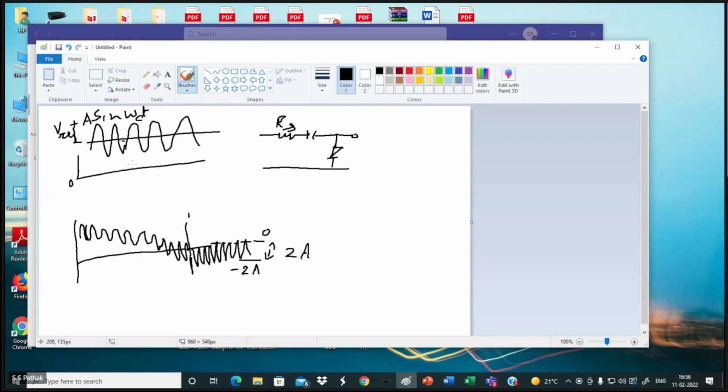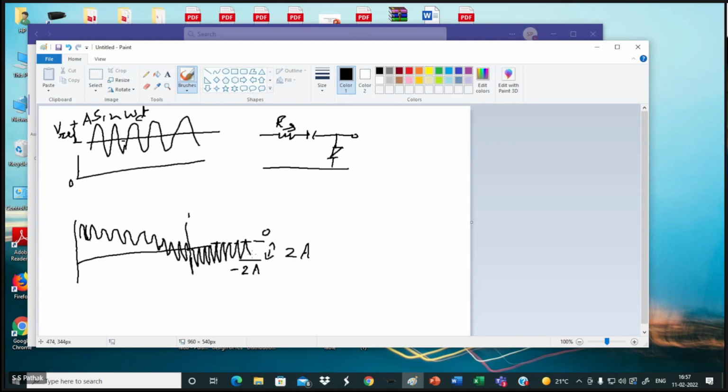After DC blocking, it is further shifted by the amplitude. Not only DC blocking; in the previous case also I wrote V only, it will become 2V, because the reference voltage will be gone. When taking the DC value, the reference voltage is also there. After that, this magnitude also goes down, so it will become 2V there also. So it will be your 2A peak to peak.